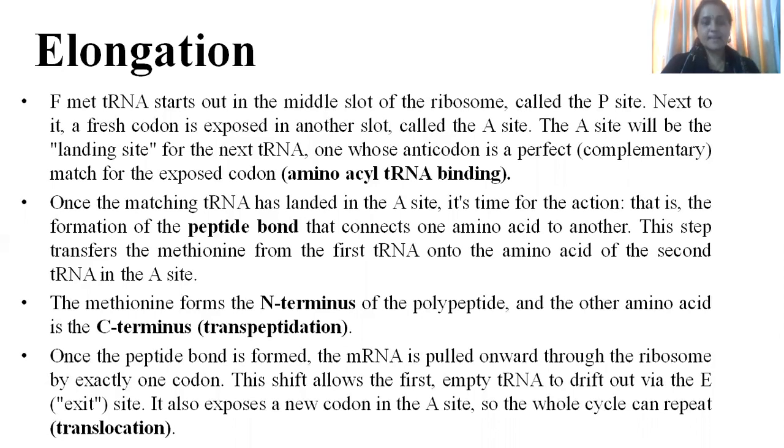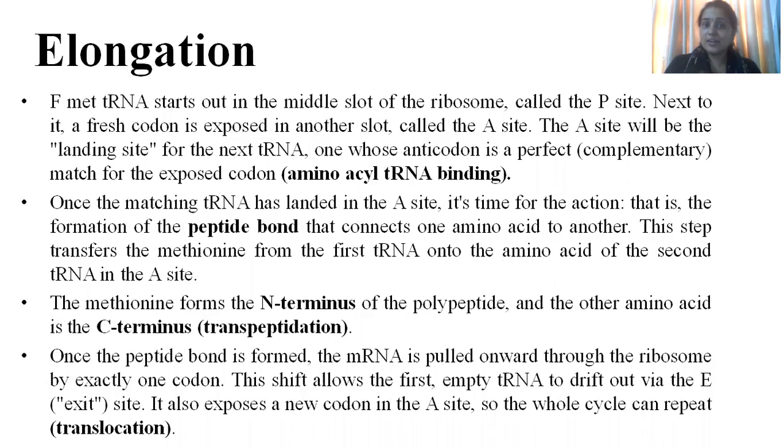The next step is known as transpeptidation, meaning the peptide bond is going to be formed during this step. This step transfers the methionine from the first tRNA onto the amino acid of the second tRNA in the A site. So the P site amino acid will be shifted to the A site.